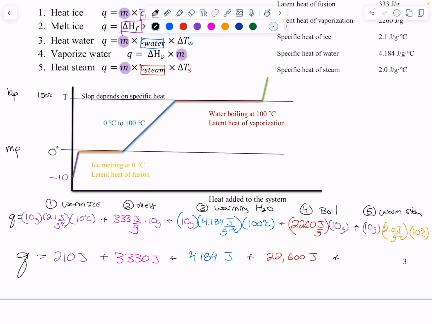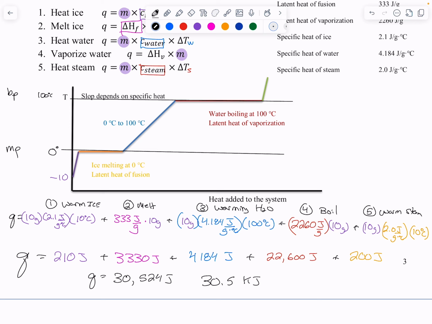And it looks like it's 200 joules to heat the steam. And so if we add all those up, the 210 plus the 3,330 plus the 4,184 plus 22,600 plus 200, I get 30,524 joules, or 30.5 kilojoules. So that's a heating curve for water. You can have heating curves for ethanol and other ones as well.